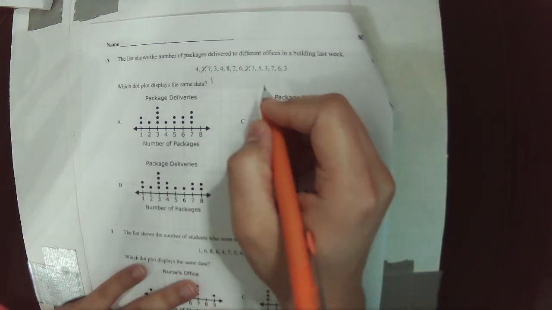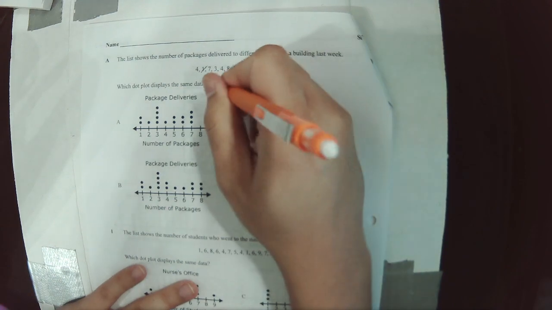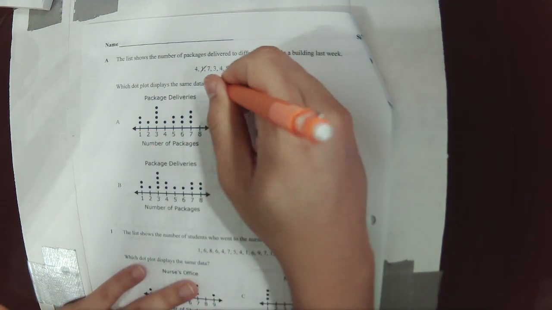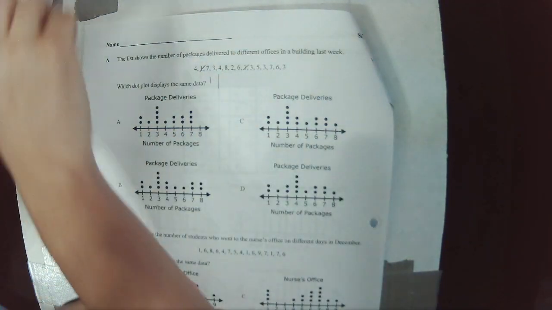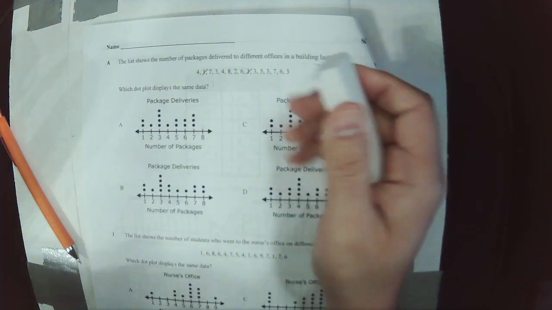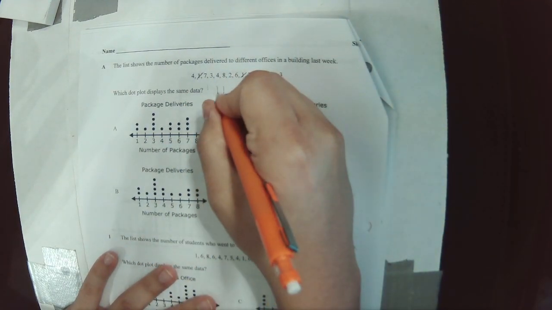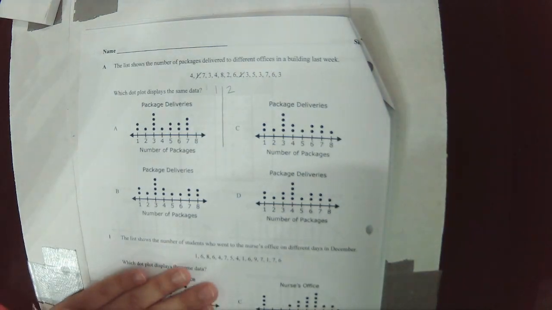Okay, so I found the number 1 2 times. I'm going to make my own frequency table here. Hold on, let me move this over a little bit. It might get a little bit longer and I don't want it to run into any of my other stuff.